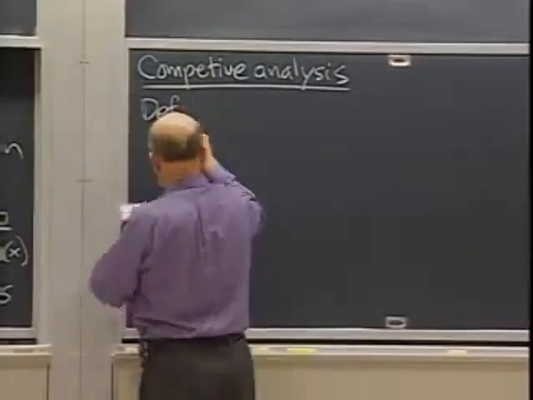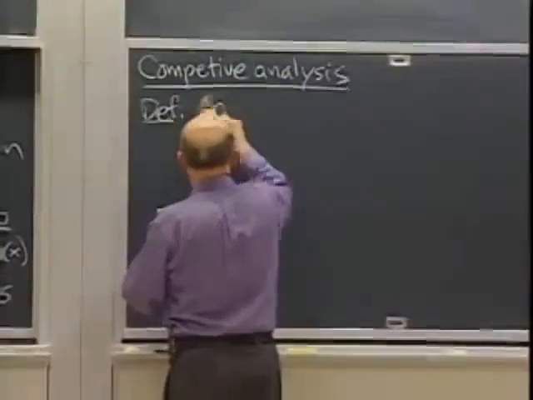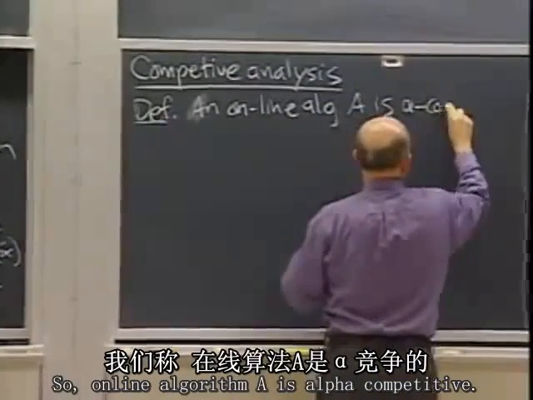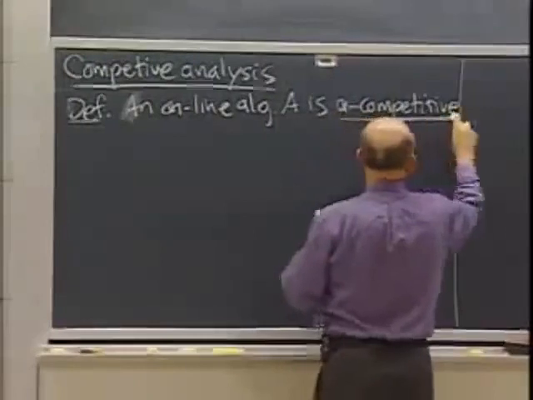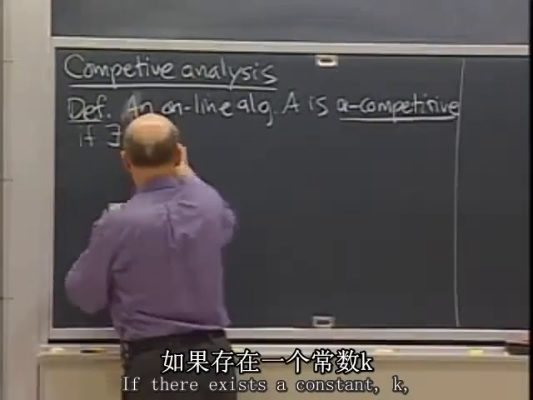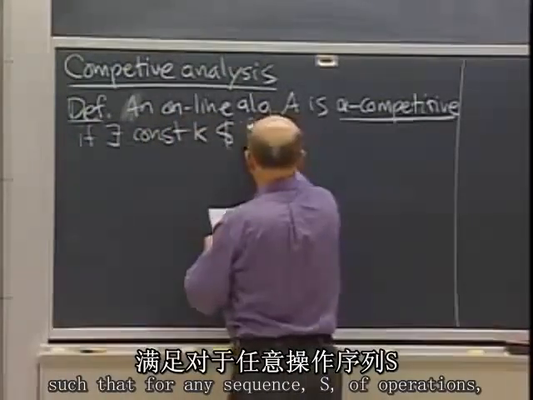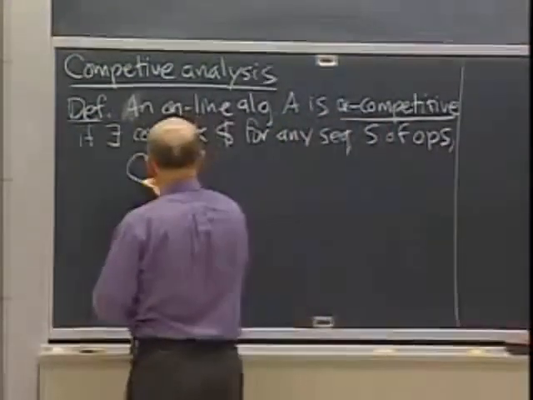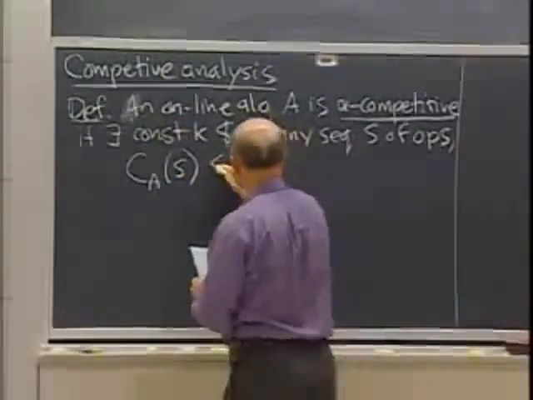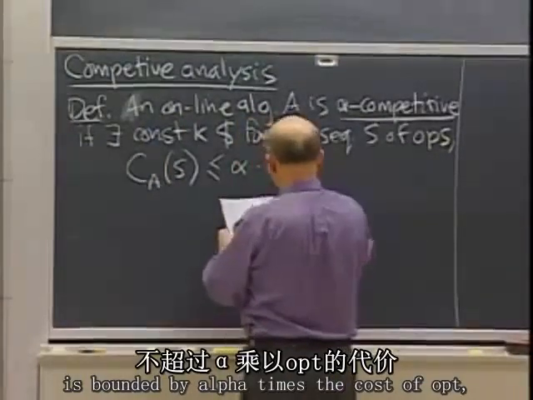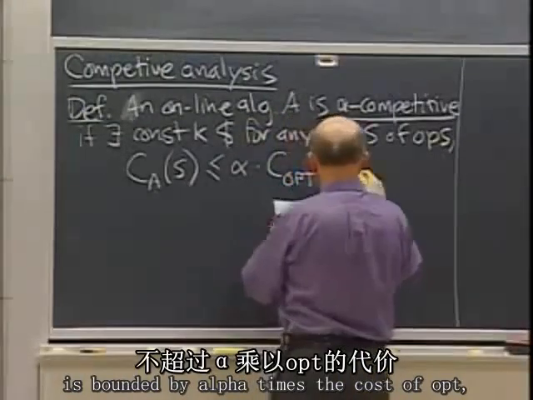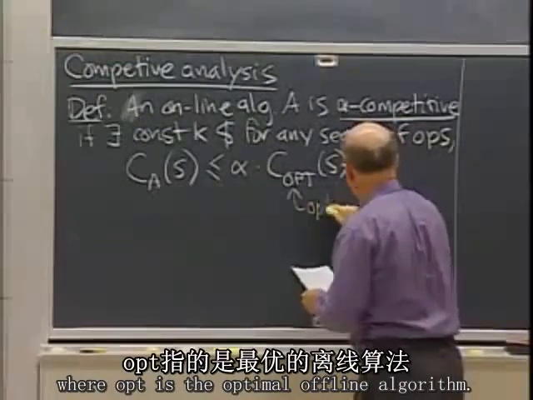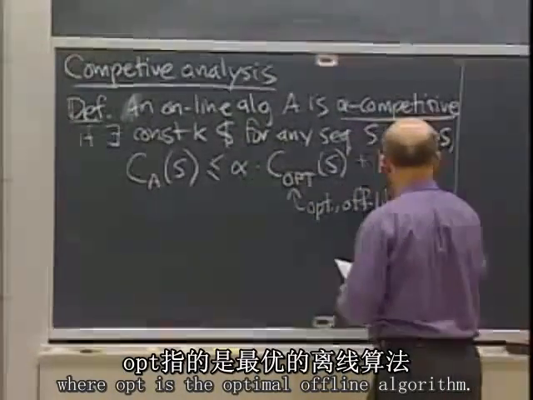Okay, so here's the definition. An online algorithm A is alpha competitive if there exists a constant k such that for any sequence S of operations, the cost of S using algorithm A is bounded by alpha times the cost of opt, plus k, where opt is the optimal offline algorithm.